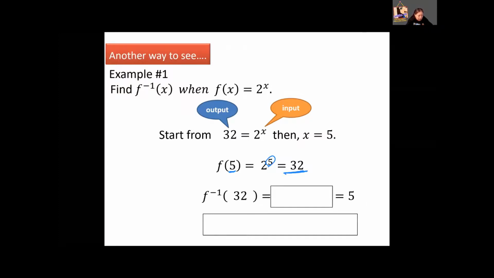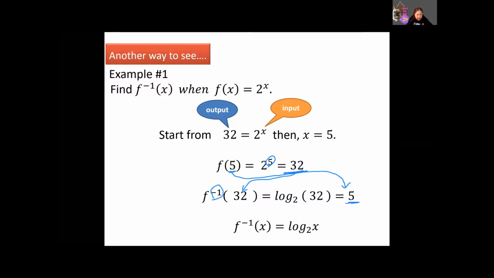Then here, for the inverse function, the output is plugged back in and becomes the input, and the original input becomes the output of the inverse function. So in the middle, we have this.